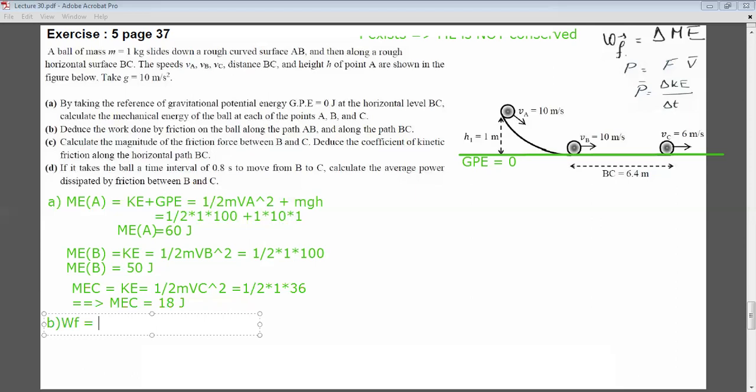Work done by friction is delta mechanical energy, from A to B. So this is equal to the mechanical energy at B minus the mechanical energy at A. The mechanical energy at B is 50 minus the mechanical energy at A, 60. So this is minus 10 joules.